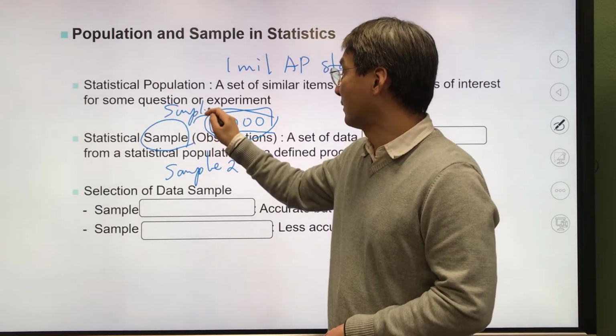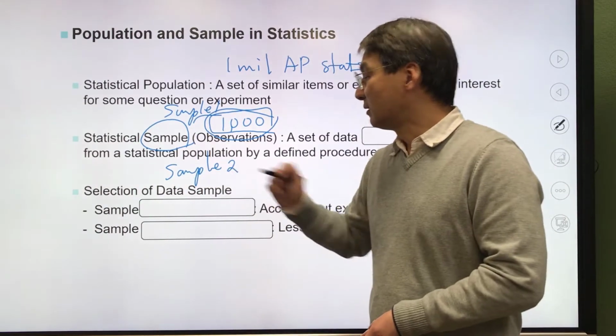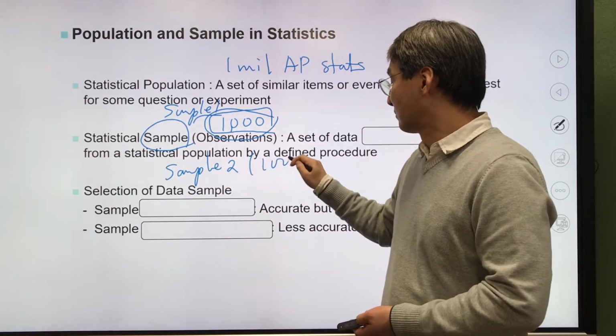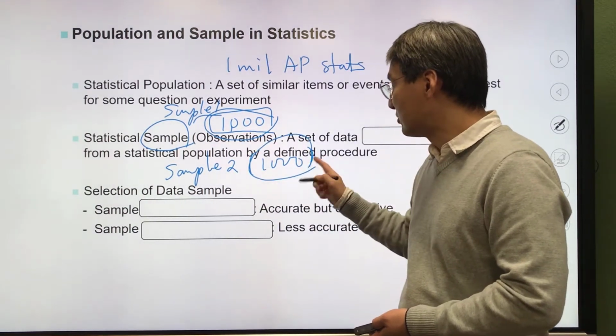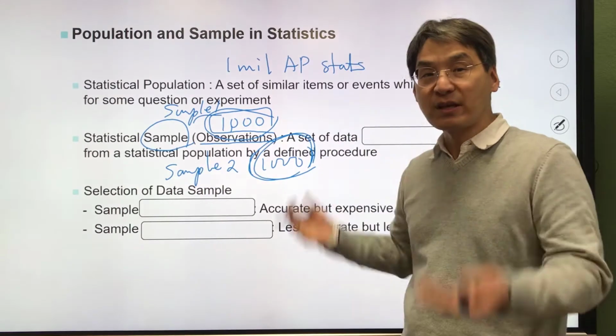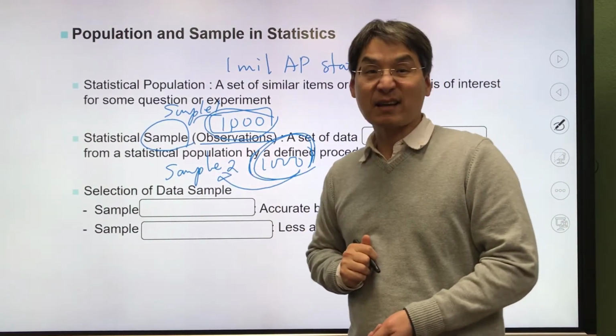We already have one sample with 1,000 students. We take the second sample with another 1,000 students. Notice that 1,000 observations, 1,000 students all together make one sample. That is the second sample.